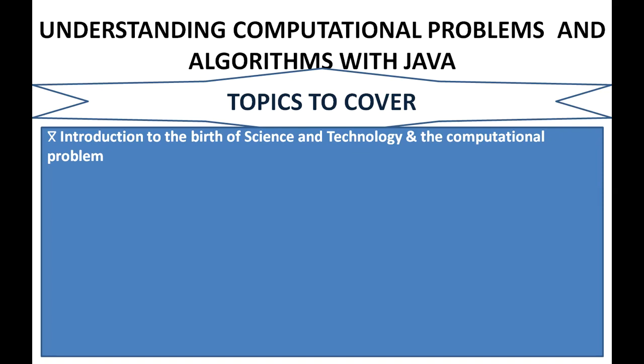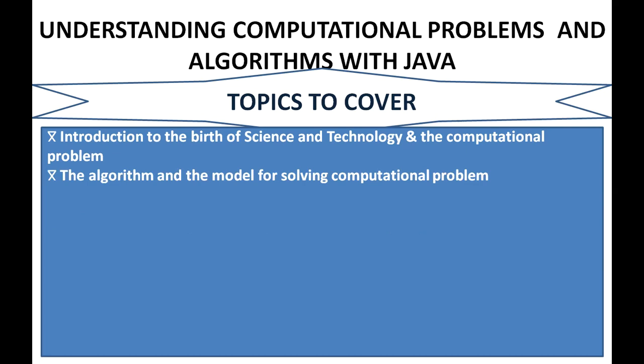I may not be absolutely right, or I may not give you all the details because this course is just an abstraction of the details, but with the core functionality of the elements that I need you to understand in order to understand anything concerning computing and computation. So the first topic is going to be just the introduction to the birth of science and technology and the computational problem.